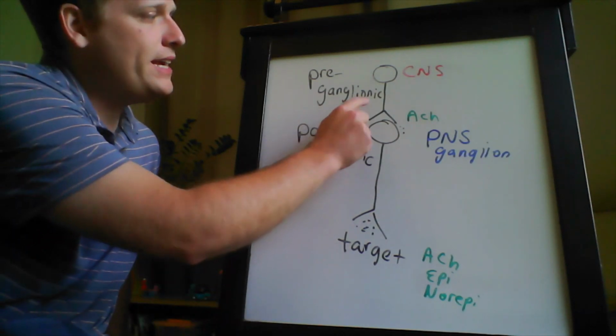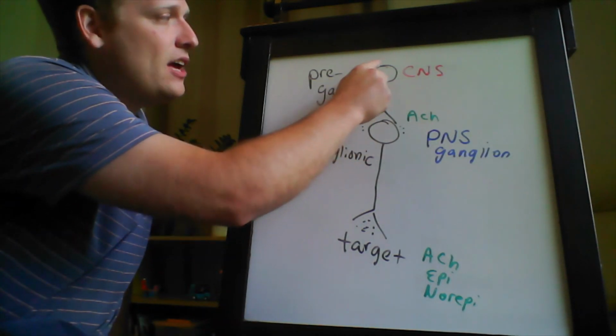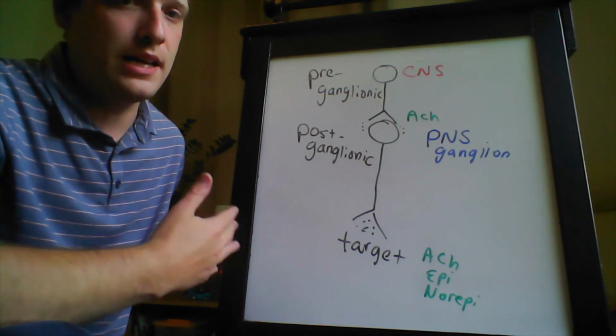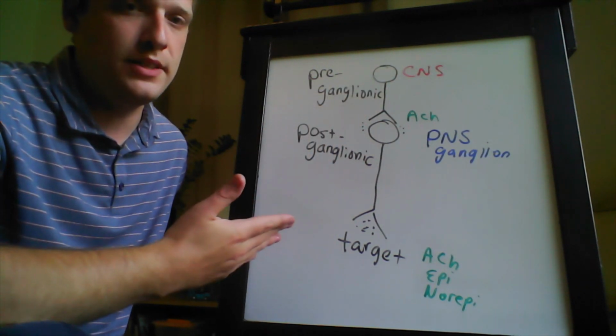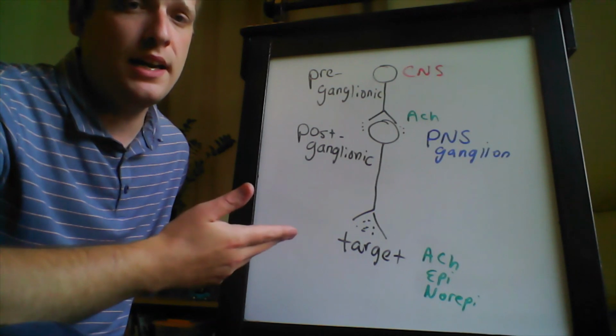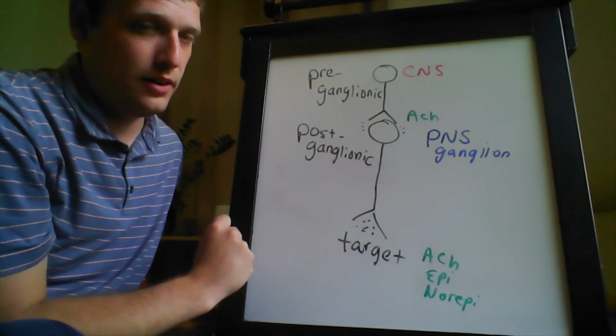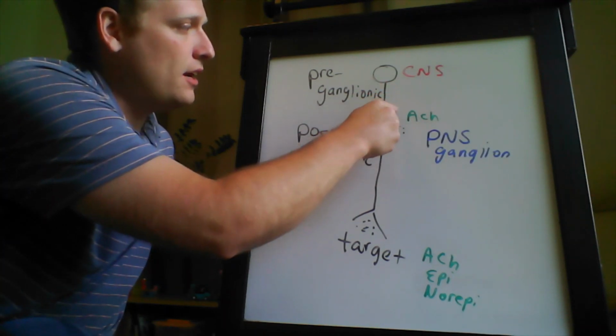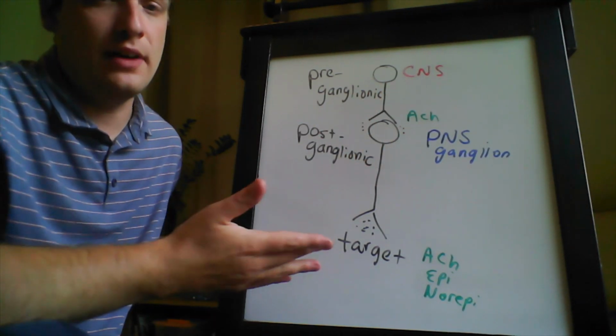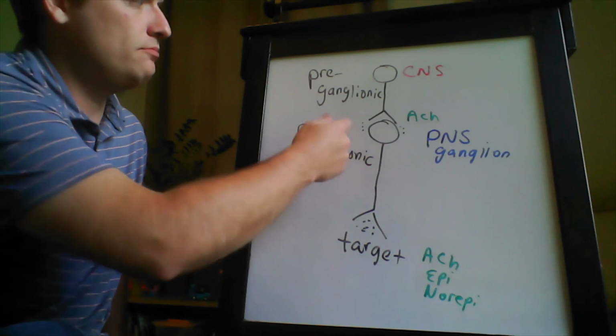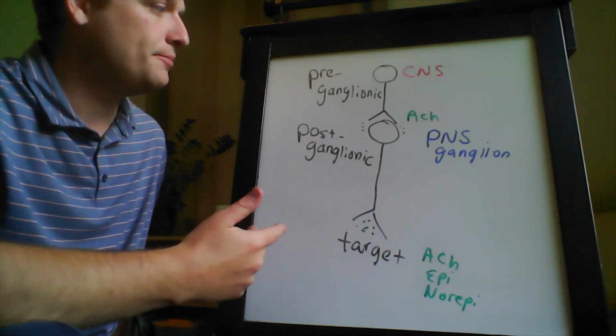So this pre-ganglionic neuron, the cell body is going to reside in the central nervous system, so either in the brain or in the spinal cord is where you're going to find the cell body of this neuron. Whereas the axon can travel out of the brain or the spinal cord.